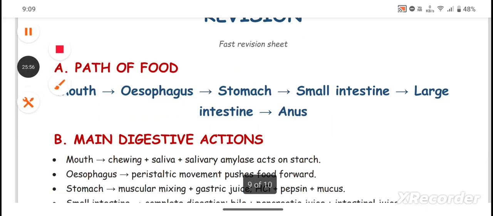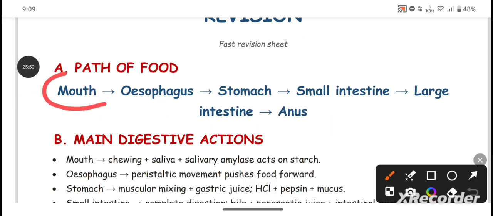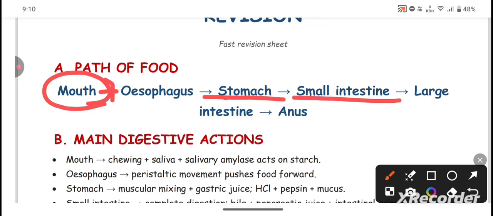From the mouth, the food will be transported to the esophagus, and with the peristaltic movement of the esophagus, the food will be transferred to the stomach, and from the stomach, due to the movements of the pyloric sphincter, the food will be transported to the small intestine. There the maximum digestion and absorption takes place, and the undigested part of the food will be transferred to the large intestine, where the absorption of water takes place from the undigested food.